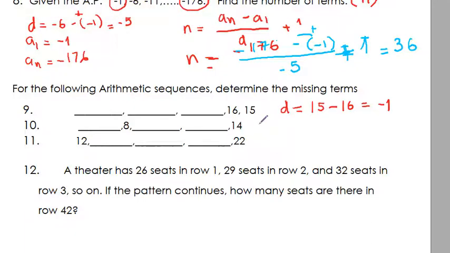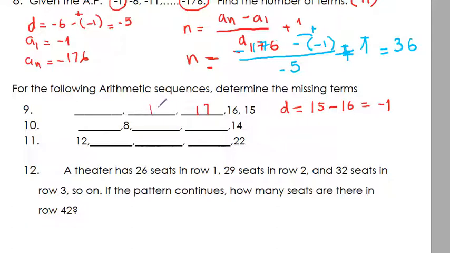What else? So when you have this -1 and this is an arithmetic sequence, we have to find how to find this term. It should be 15, 16, 17. Next one, 18.